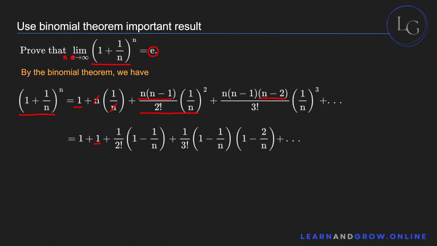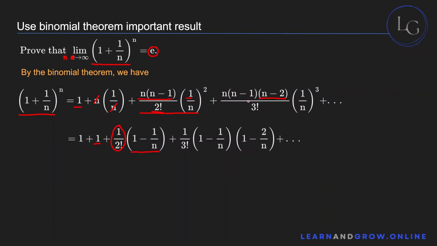So you can take this 1 and this 2 factorial outside, and then just multiply this. So basically now you have n into (n minus 1) over n, and when you expand this further, you get 1 minus 1/n, right?